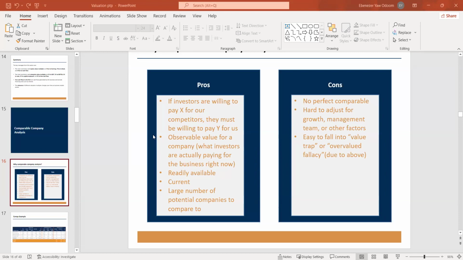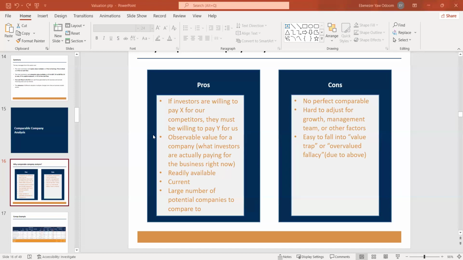And then another thing is that it may be easy for you to fall into the value trap, overvaluation fallacy, whereby maybe at the time of your valuation, all the similar companies that you are going to pick may be overvalued on the market, right? Investors may be overvaluing them. And then you go and pick them and use their averages to do your relative valuation for the company in question.